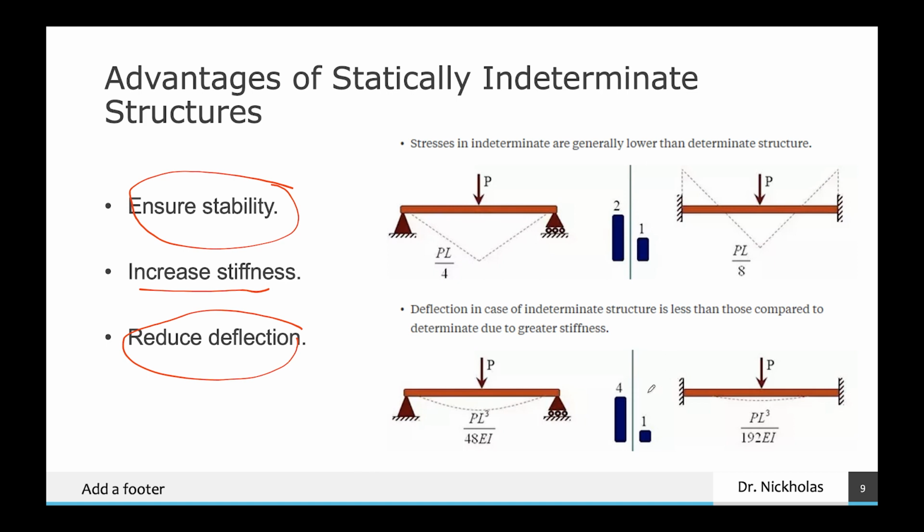We have the redundant excess, so here we have 1, 2, 3, 4, 5, 6. You see, we have 3 more extra reaction forces. It means the deflection can be reduced a lot.